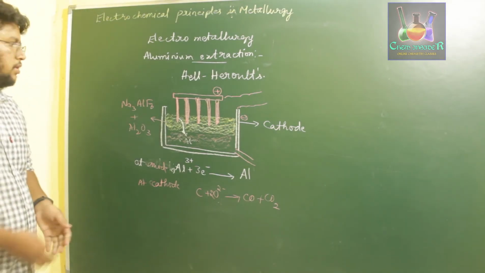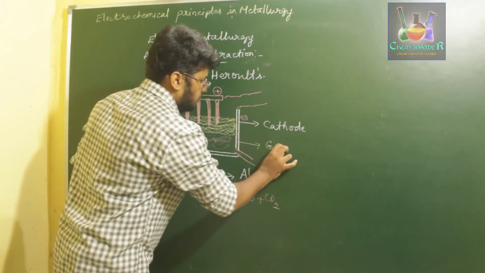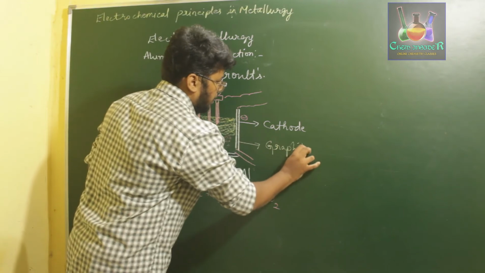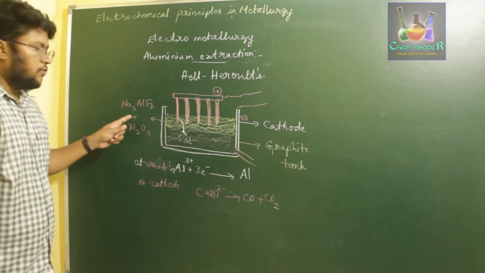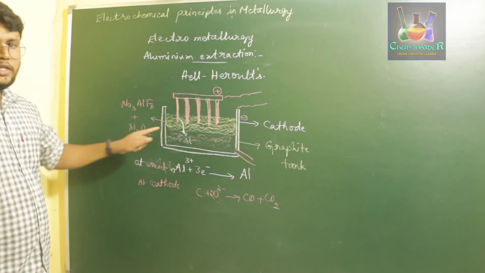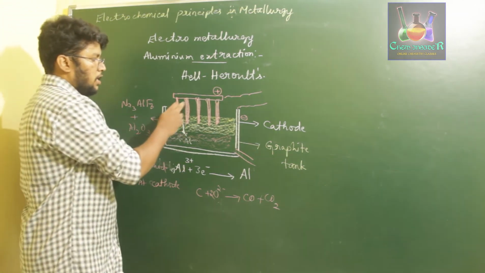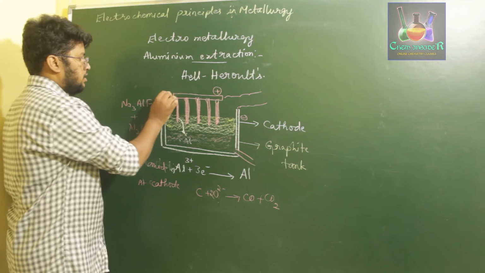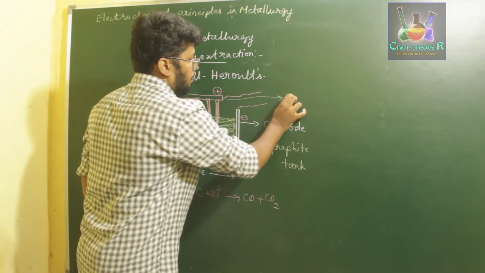So what we are going to do here is take a big graphite tank in which we take our mixture of Na3AlF6 along with Al2O3. In this solution, we dip another set of graphite rods, which is considered as the anode, connected by a copper plate.